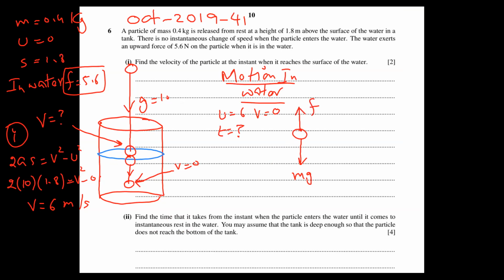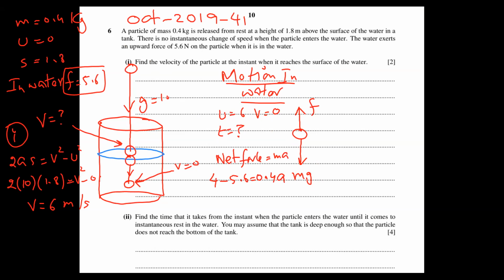When it's traveling in water, weight is pulling downwards and friction is upward. So what is the formula? Normally we use net force equals ma. So mg is 0.4 times 10, which is 4, minus friction 5.6, equals mass 0.4 times acceleration.